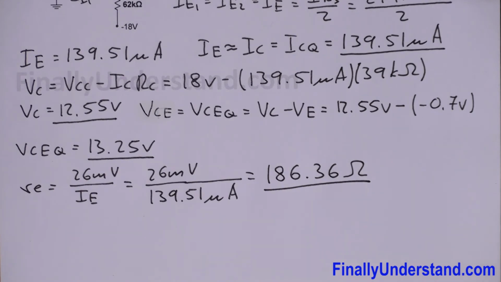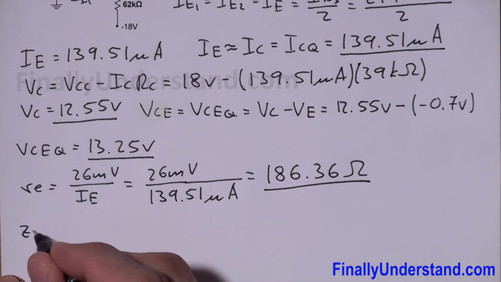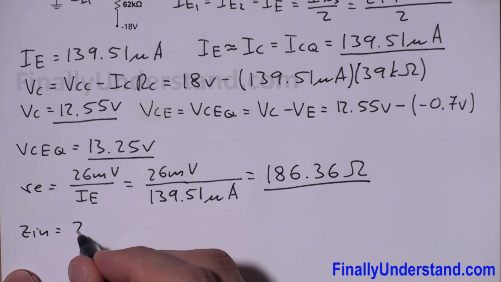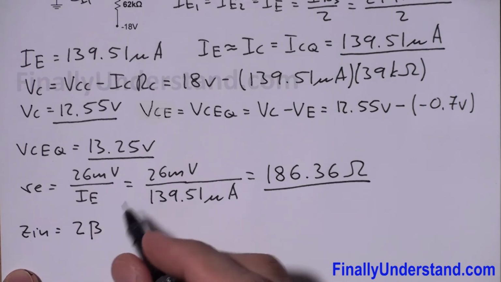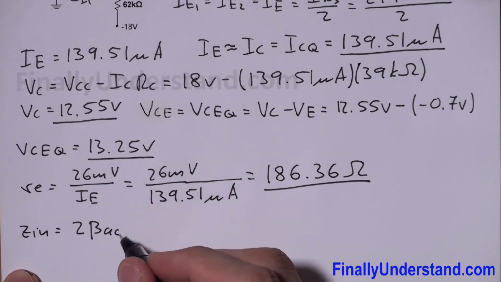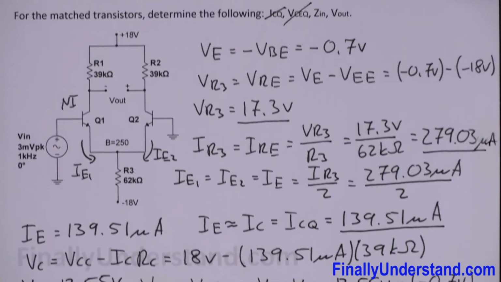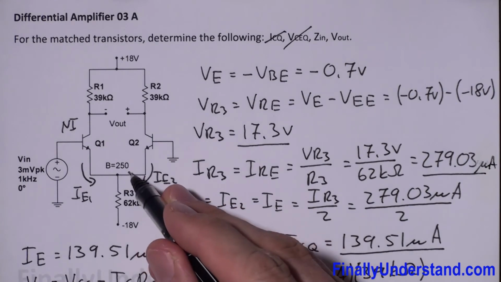Next, in order to find Zin, I'm supposed to use the formula. Zin is equal to 2 times beta AC times small re. In our case, we have beta equals 250.